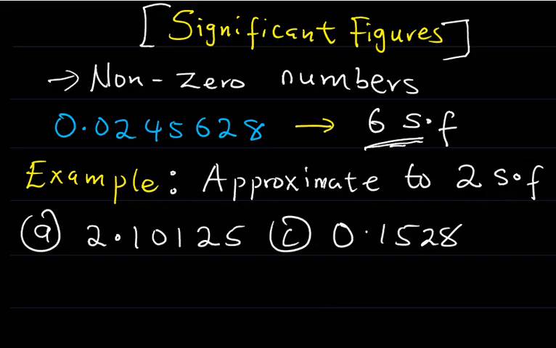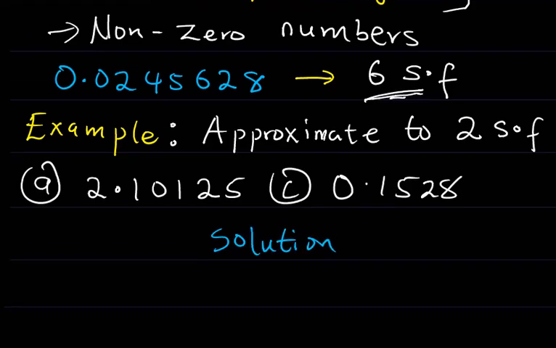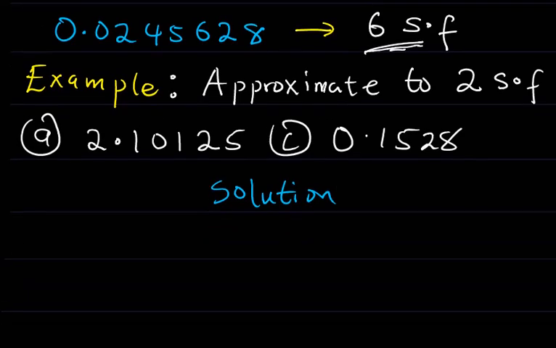Solution, here we go. Two significant figures. For part A, the two significant figures are 2.1.